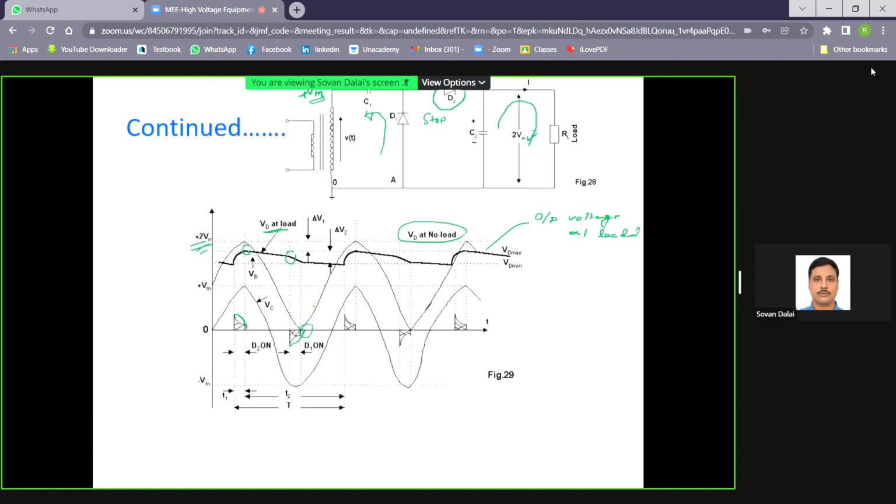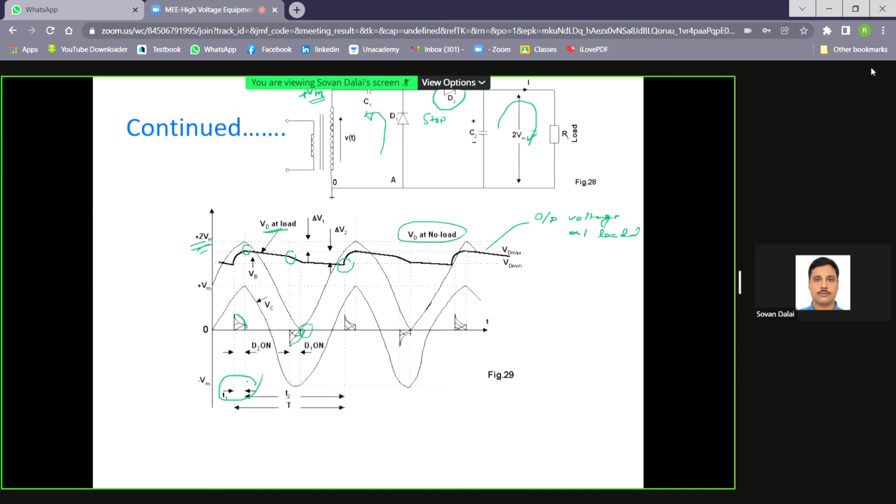VD reaches minimum when just D2 starts conduction and C2 again discharges up to this. So what will happen during the T1 period?